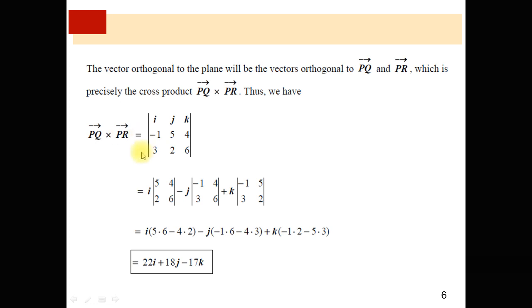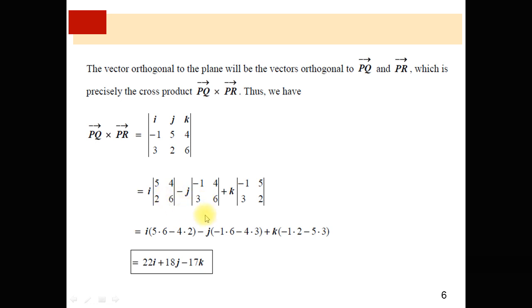Thus find the cross product of vector PQ and vector PR by using a determinant. The first row contains i, j, k, the second row contains the components of the PQ vector, and the third row contains the components of the PR vector. Now by expanding by the first row, we obtain i times the determinant 4 5 4 2 6 minus j times the determinant minus 1 4 3 6 plus k times the determinant minus 1 5 3 2.